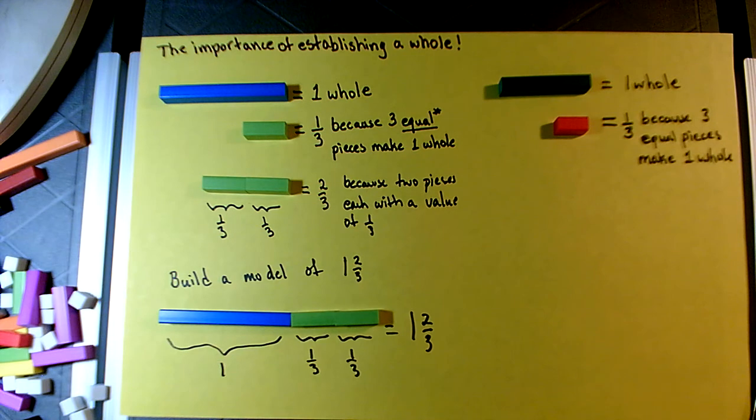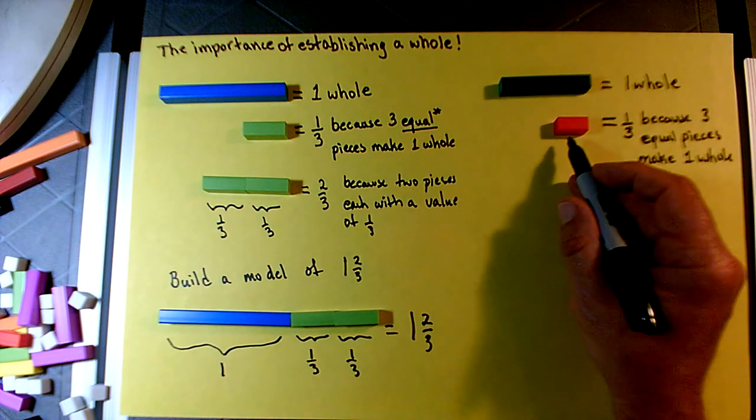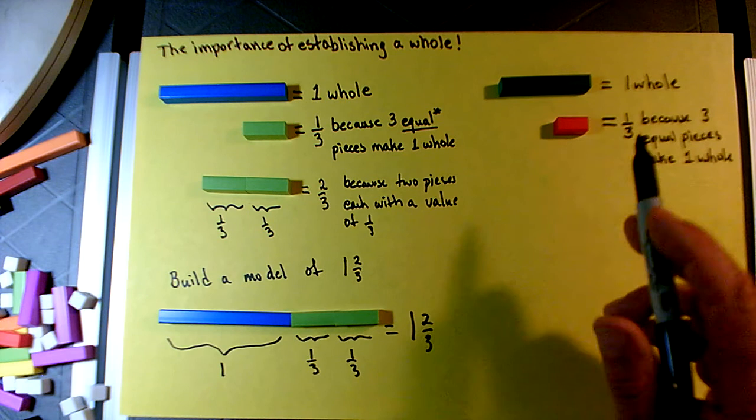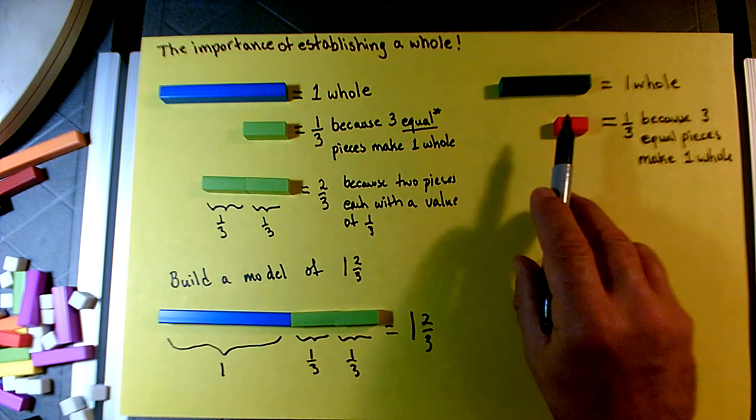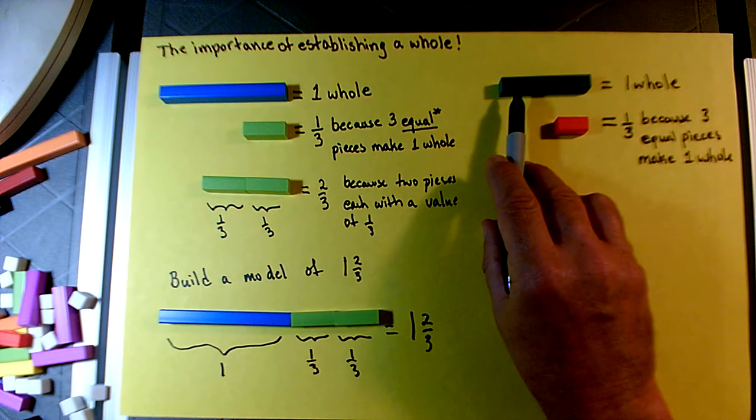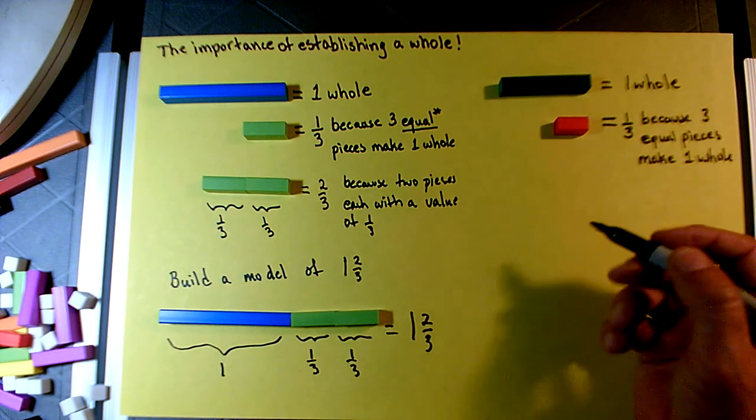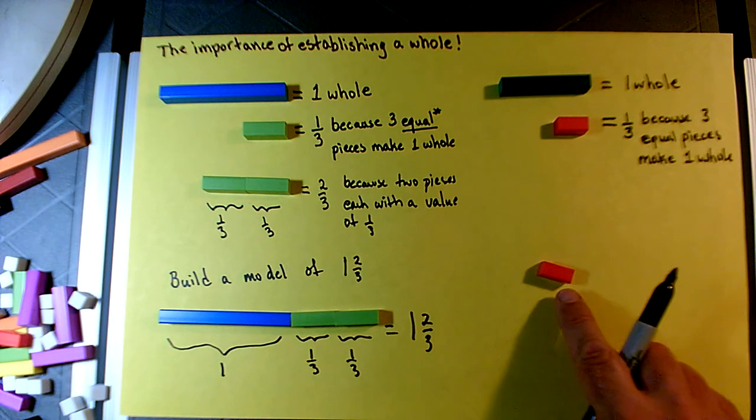An important piece of information for students to learn, and this is very difficult. It takes probably weeks and months of repeated understandings, is that values, fractional values, only have value when compared to the whole.